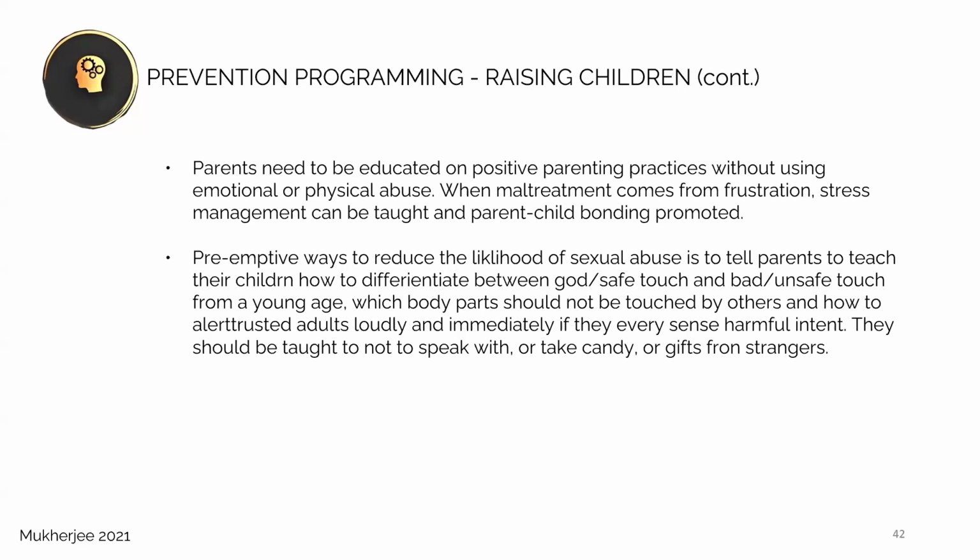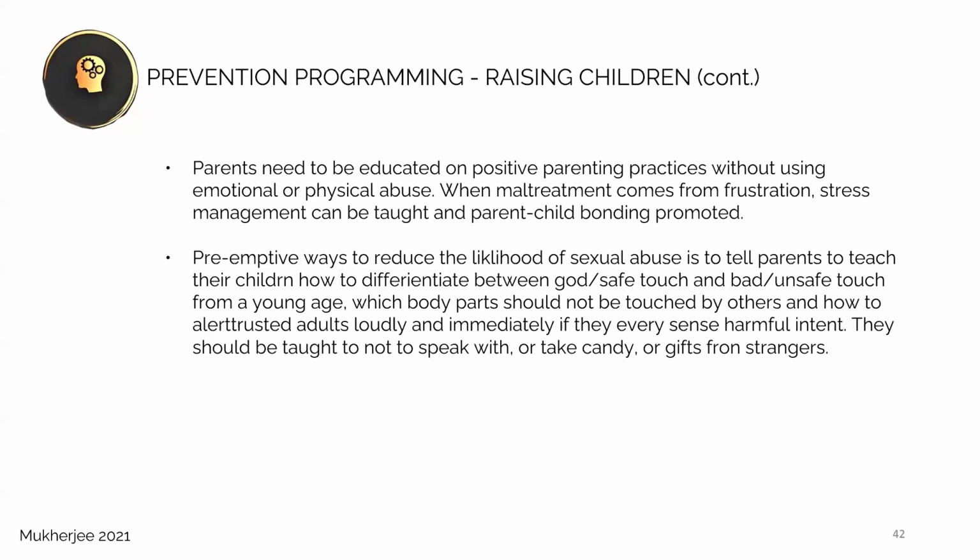Getting ahead of abuse really reduces the likelihood of sexual abuse. If we're teaching children how to differentiate between good or safe touches and bad or unsafe touches, if we're teaching our children what body parts should not be touched by others, and how to alert trusted adults loudly and immediately if they sense harmful intent.